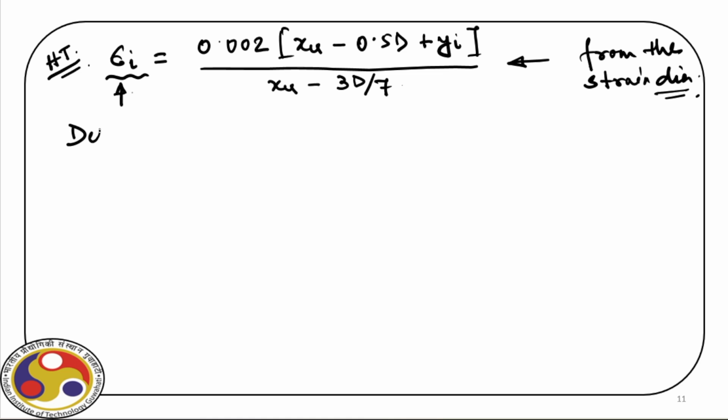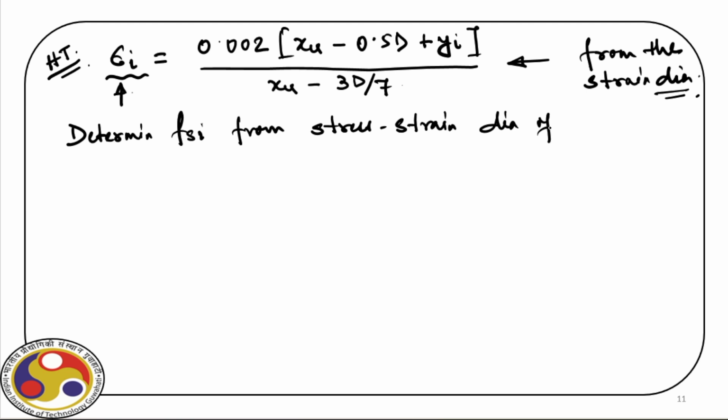So determine fsi from the stress strain diagram of steel. Recall that earlier, when we designed the beam, we considered this stress strain diagram of steel, which was idealized by the code.